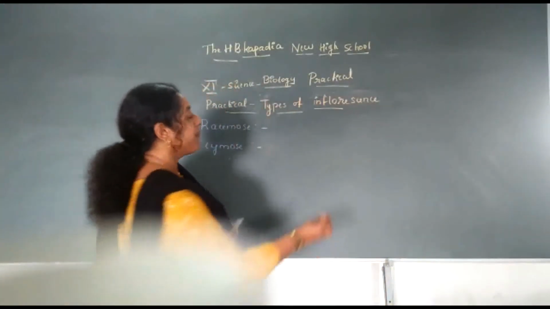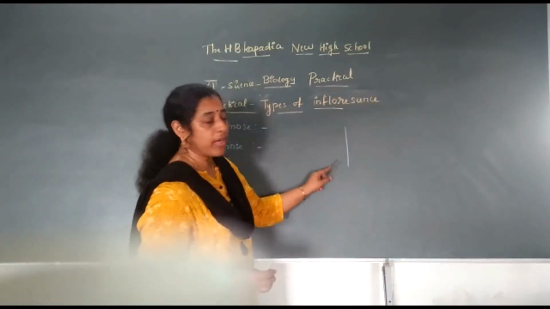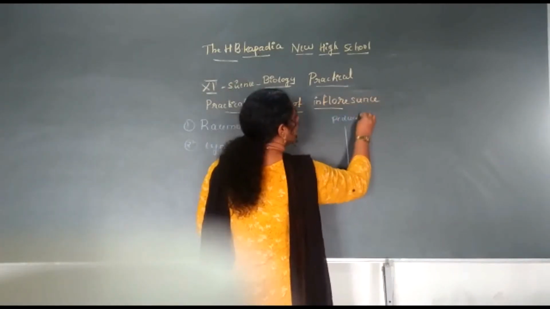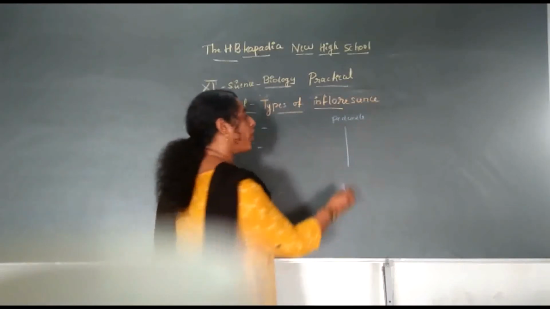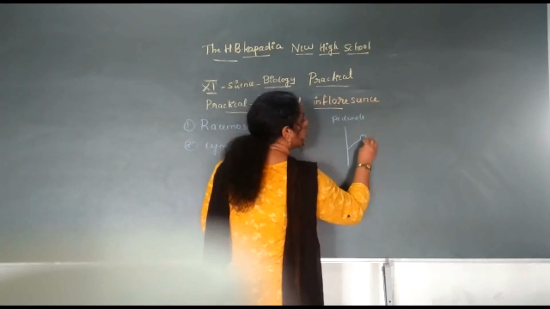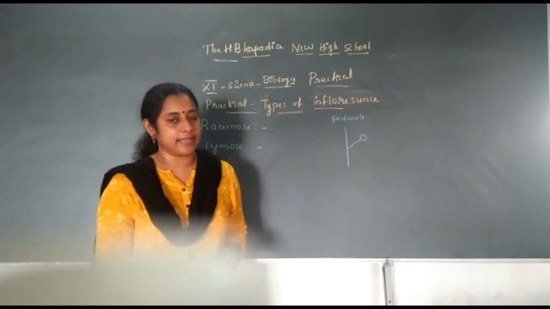For example, this is a floral axis and this floral axis is called peduncle. And in this peduncle, if only one floral axis and then it is terminated into a flower, it is called uniparous cymose inflorescence.